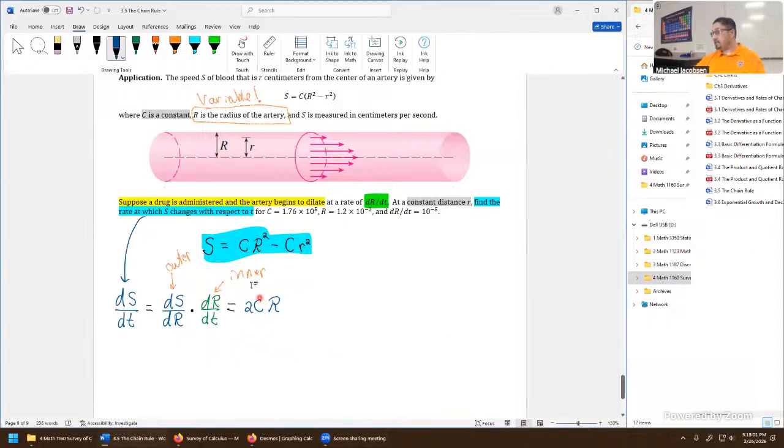Well, we've got the derivative of the outer function. We multiply it by the derivative of the inner function, dr/dt. Here we're told that if the drug is administered, the artery begins to dilate. That would be the R right here. R is not constant. It depends on time t.